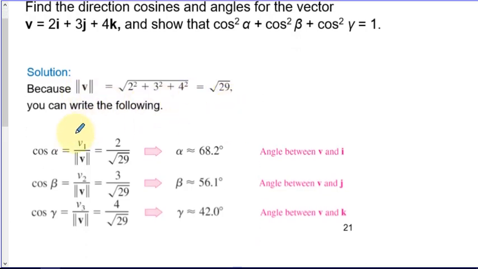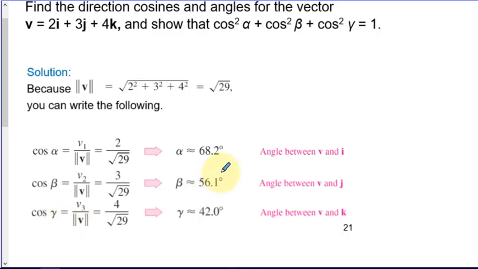You could then find each of the direction cosines by using these ratios, v1 over v for the direction cosine for alpha. So I could say that 2 over root 29 is the direction cosine, and 3 over root 29 is another direction cosine. 4 over root 29 is the third direction cosine, for this angle gamma.